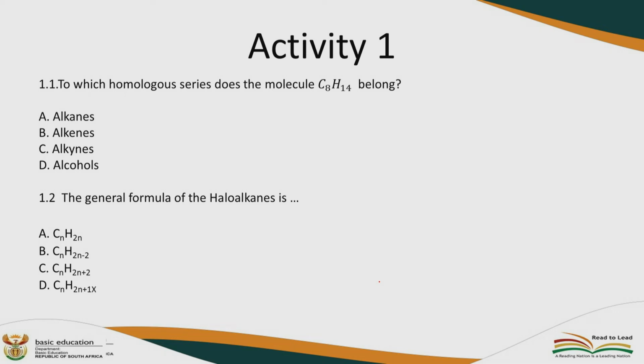There is a question here that says, to which homologous series does the molecular formula C8H14 belong? You will remember when we started, we said the general formula CnH2n+2 is for alkanes.